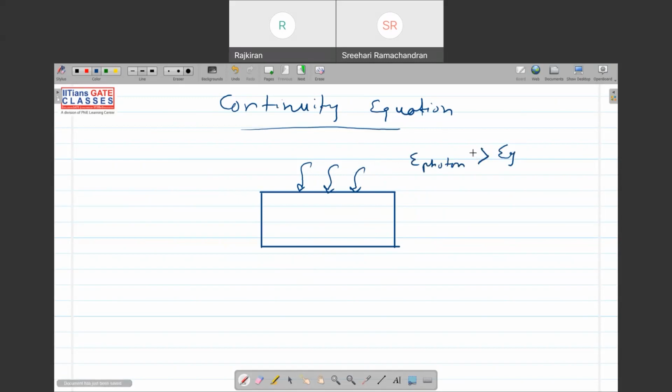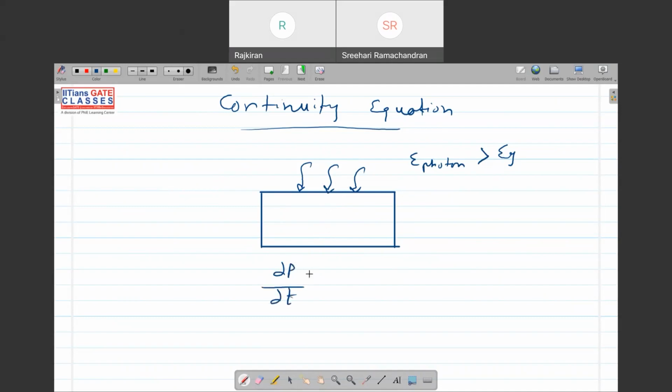Right, sir. So let us assume that I am putting light all over the semiconductor, and they are generating uniformly over the entire semiconductor. So what is the net generation rate? Suppose I want to calculate the number of holes increasing per unit time, dp by dt. What is the meaning?